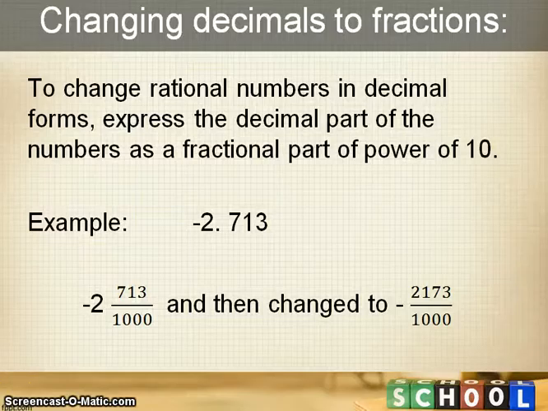Now let's learn how to change decimal forms into fraction forms. To change rational numbers in decimal form, express the decimal part of the number as a fraction with a power of 10 as the denominator.